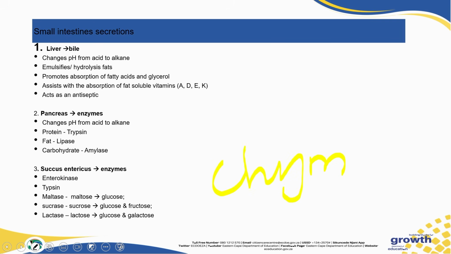When the chyme gets out of the stomach into the small intestine, there is a secretion made by the liver called bile. It immediately changes the pH from acidic to alkaline.